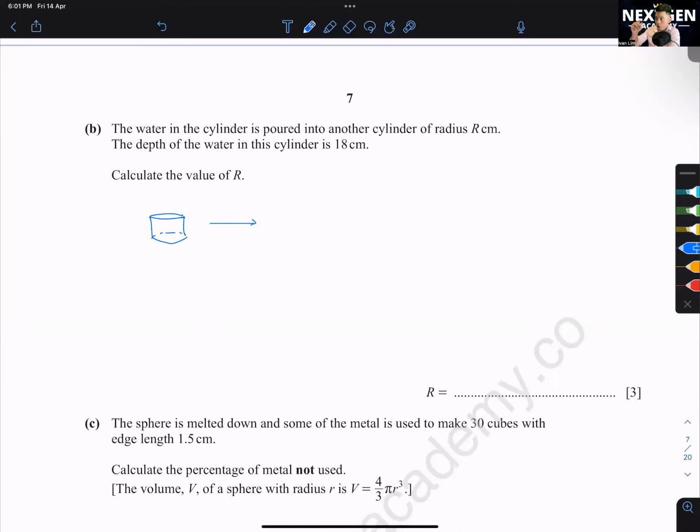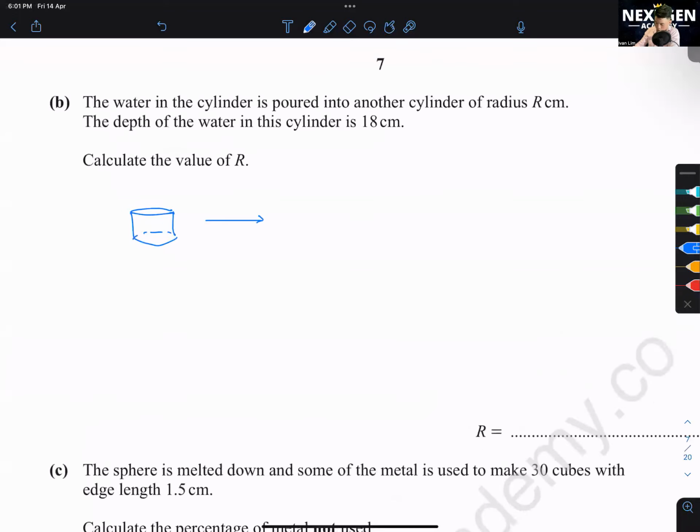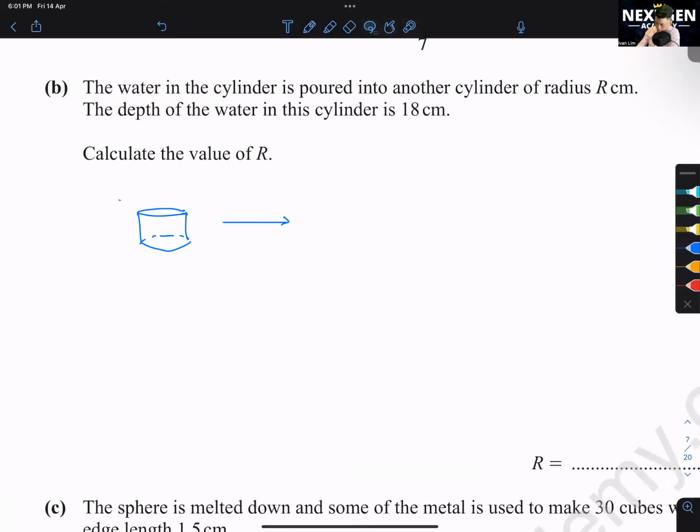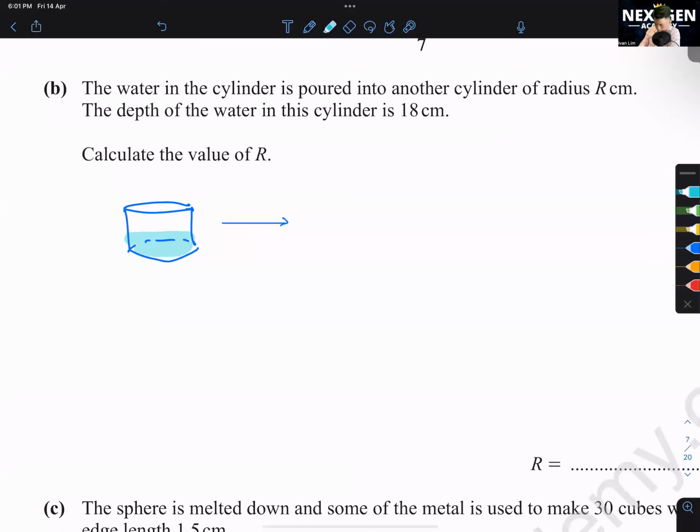You see, initially how much is the water height? It went down already, right? So just now you see the water here. We need to calculate actually what's the volume of the water. Now I put it into another cylinder, and then the water height became 18 cm.